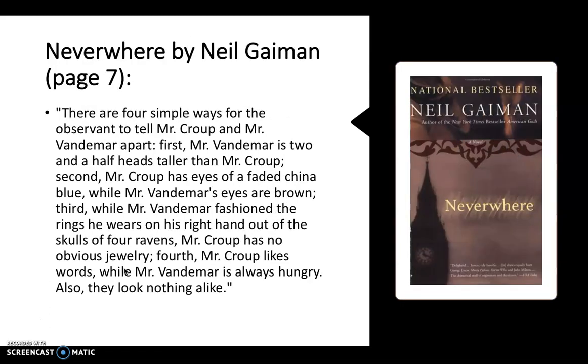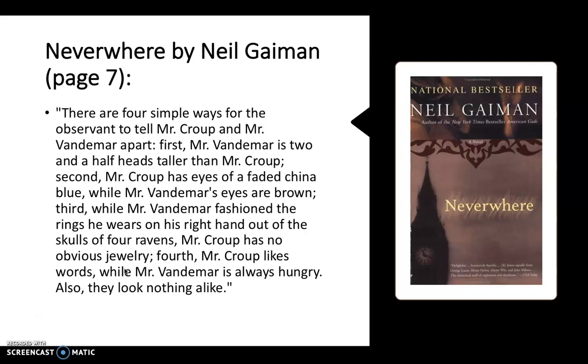This next one from Neverwhere, I just love it because we get to the end and it says they also look nothing alike. So why is he describing them so much? I think really the big thing is to give us some really interesting snapshots.